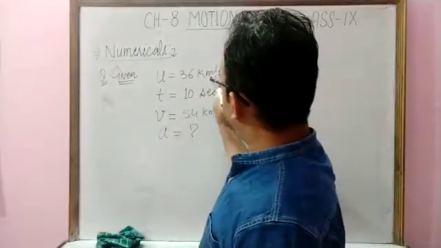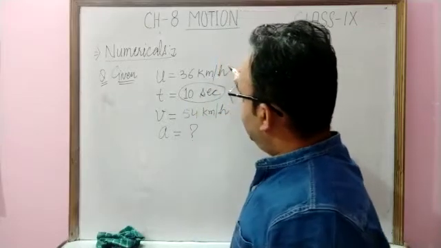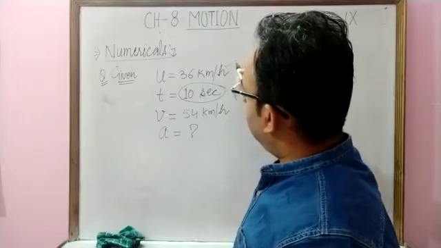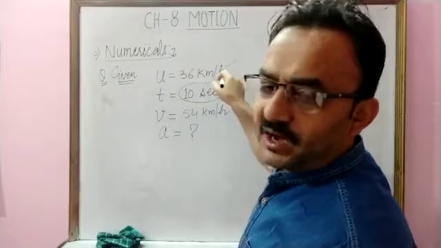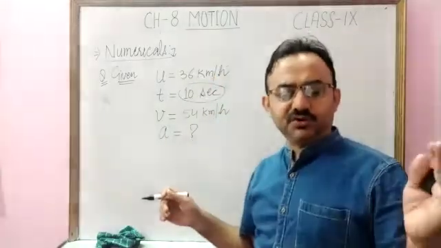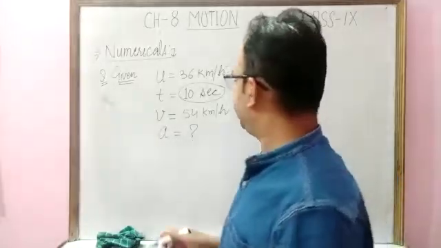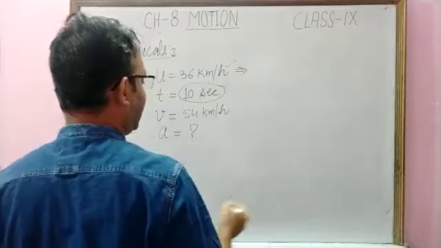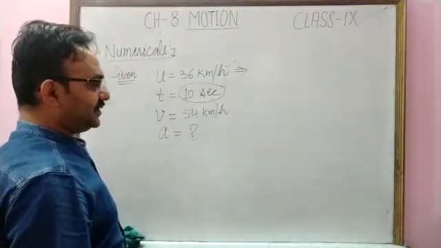See, the time is given here in seconds, but in case of velocities, they have given kilometer per hour. So you have to change the kilometer into meter and time into second. So how will you change this 36 kilometer per hour into meter per second?